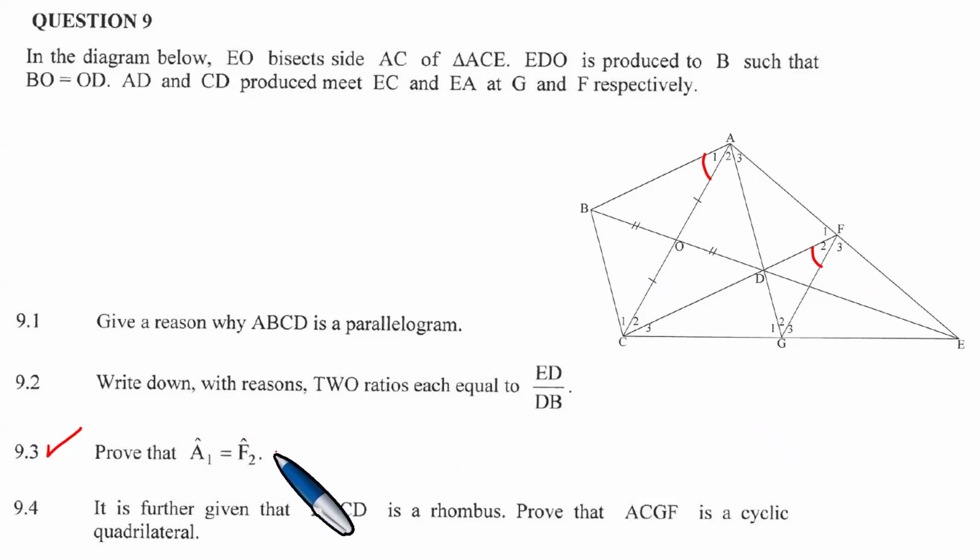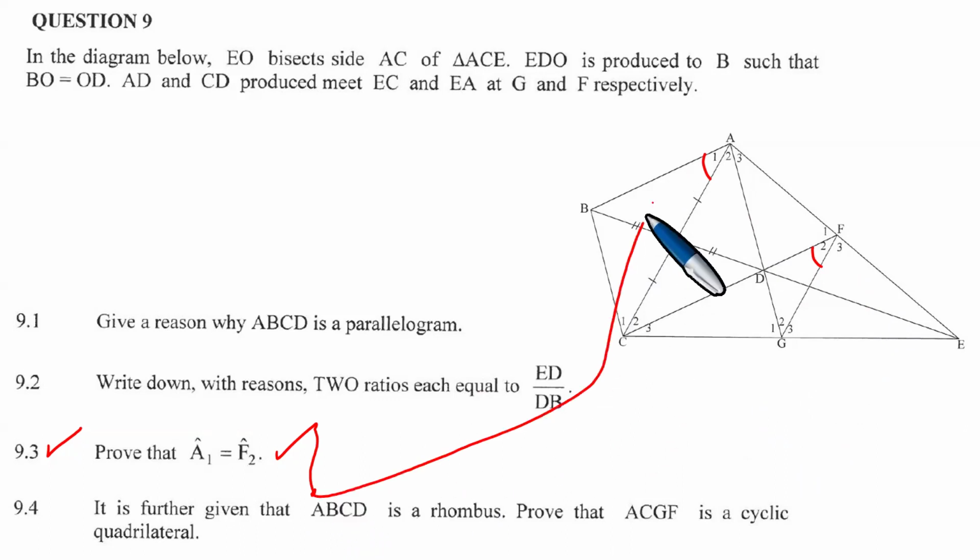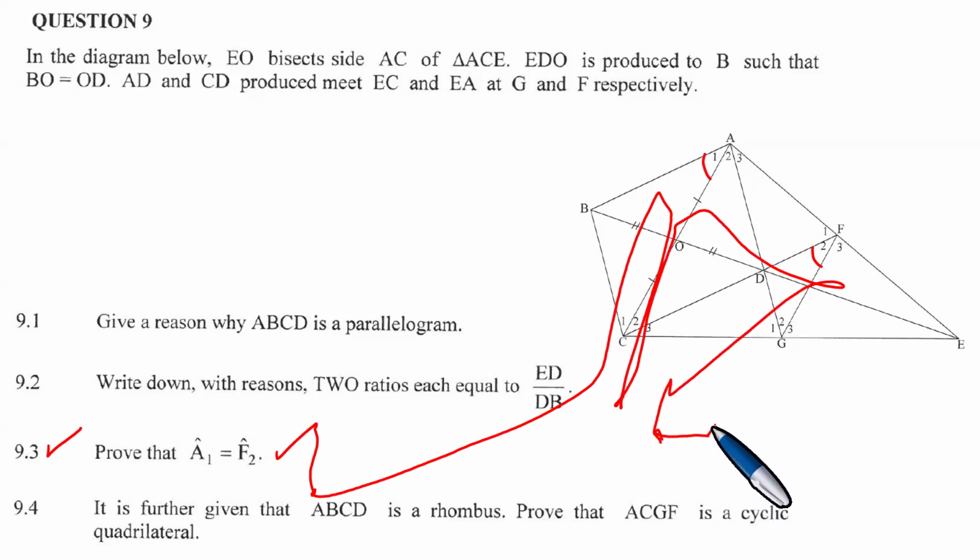So we need to prove this one. It is very, very easy and straightforward. To prove that angle A1 is equal to angle F2, we proceed as follows.